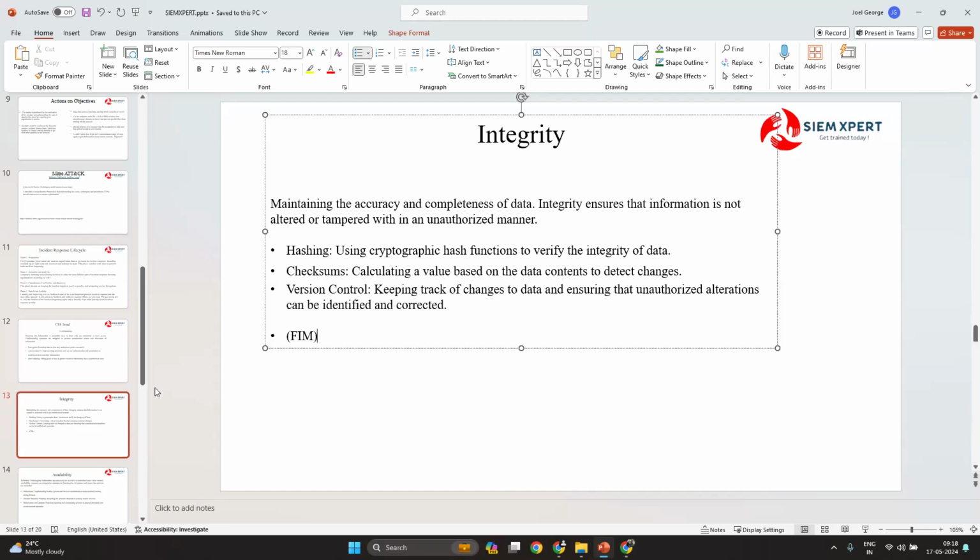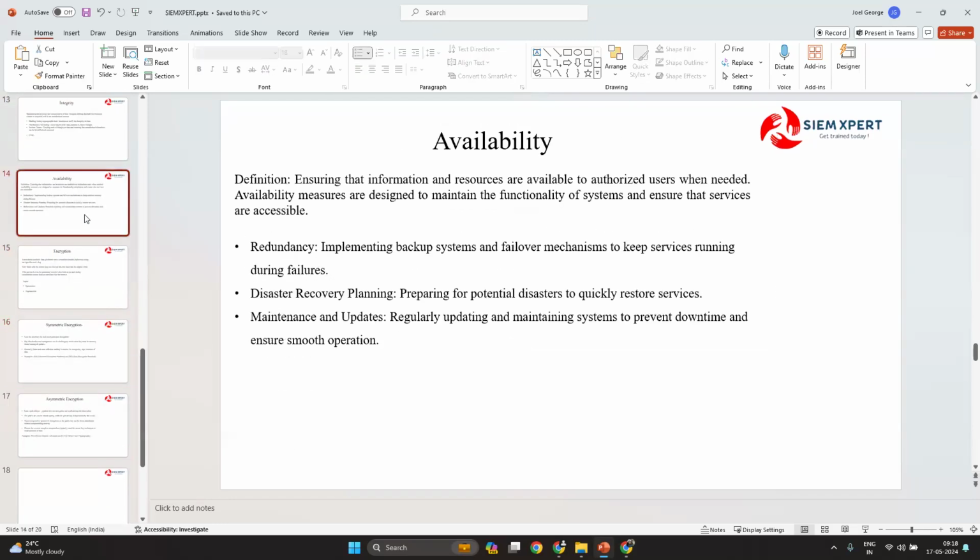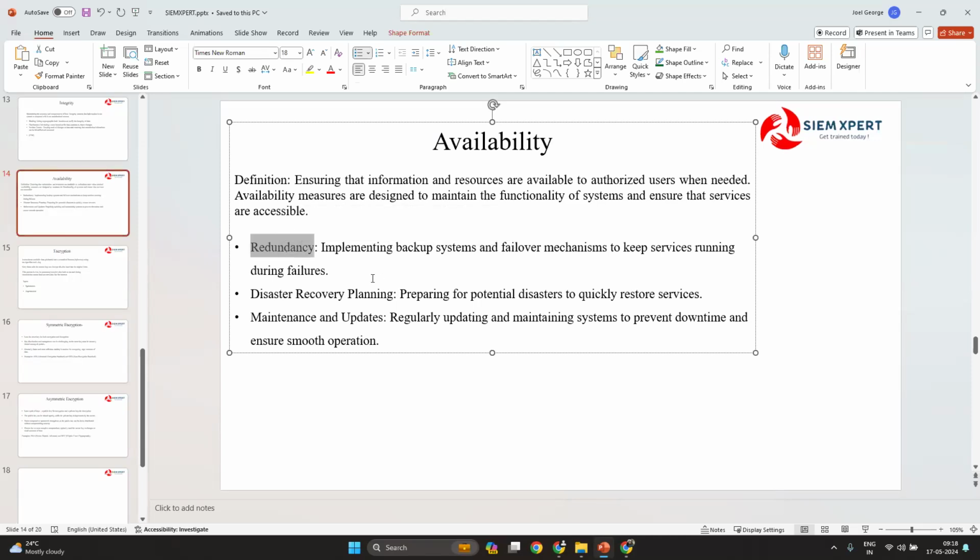So this is where integrity comes in, and availability is basically ensuring the systems are available when required. So how do you maintain availability? Redundancy, by having failover mechanisms.